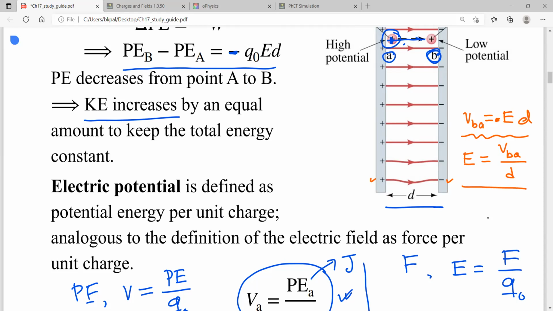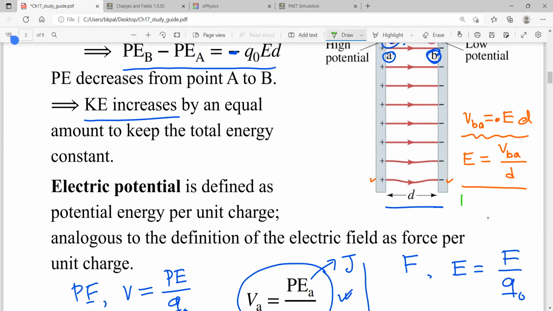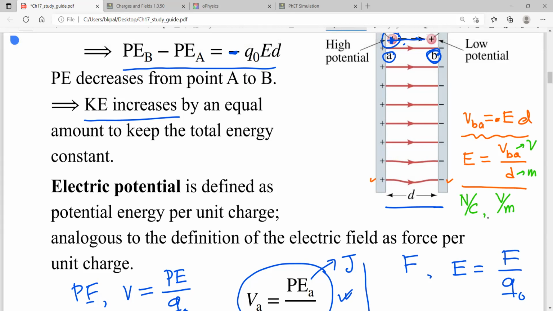In the last chapter, you saw that the unit of electric field is Newton per Coulomb. From this equation, you see that the unit of electric field could also be volt per meter, because here this is volt and this is meter. So volt per meter is another unit of electric field. One can show that Newton per Coulomb is exactly equal to volt per meter.